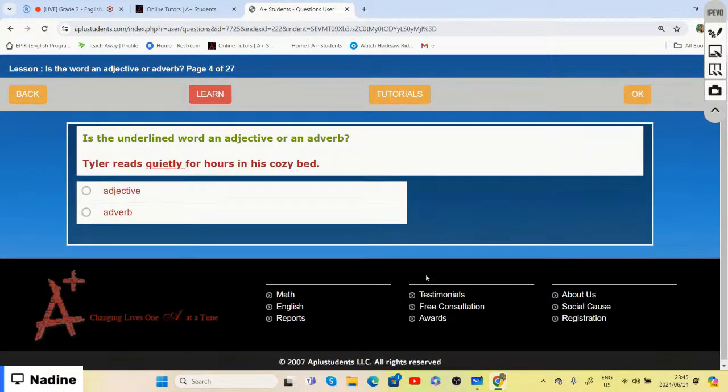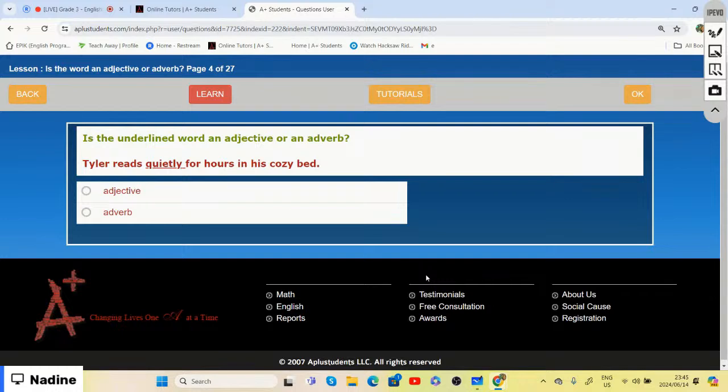All right. Then it says Tyler reads quietly for hours in his cozy bed. Quietly.